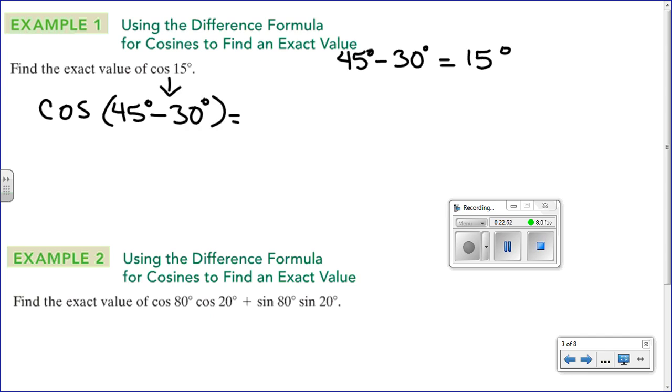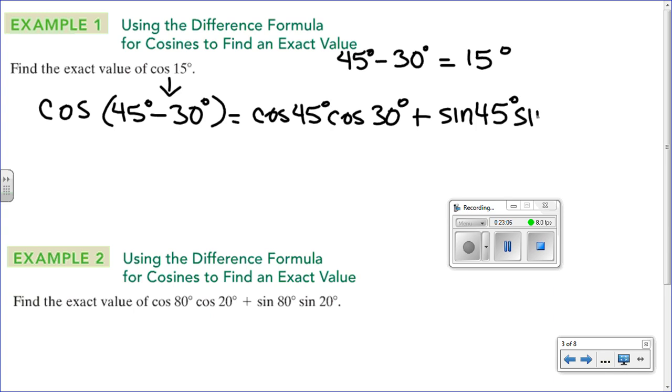So in that case, we're going to use the formula that we just proved, and then that will be cosine of the first angle times the cosine of the second angle plus the sine of the first angle times the sine of the second angle.